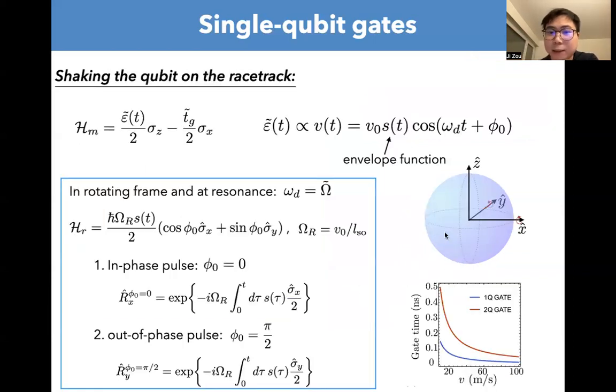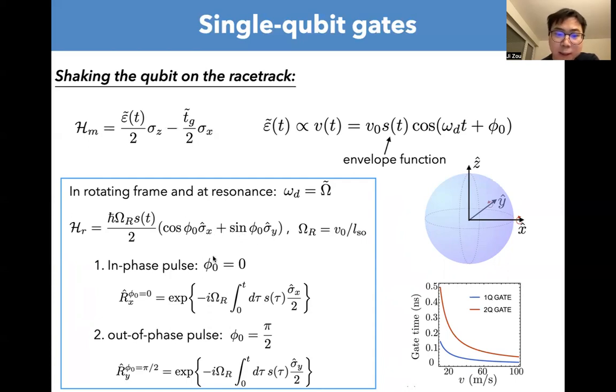To see that, let's assume the velocity has the following profile with the amplitude V0, and this s(t) is the envelope function. For simplicity, we can assume it to be 1, the driving frequency is omega d, and the initial phase is phi naught. At resonance, and assuming the rotating frame, one can easily show that the Hamiltonian would be a sum of sigma x and sigma y.